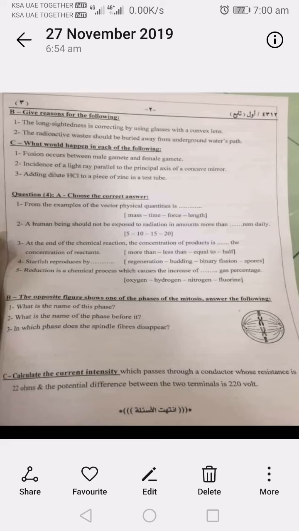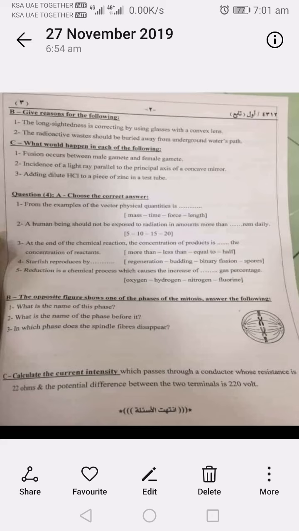Long-sightedness is corrected by using glasses with convex lens to collect the light rays, so the image will be formed on the retina. Number 2, give reason. Radioactive wastes should be buried away from underground water to avoid their leakage, because leakage of the radioactive wastes to soil or water affects any living organism.